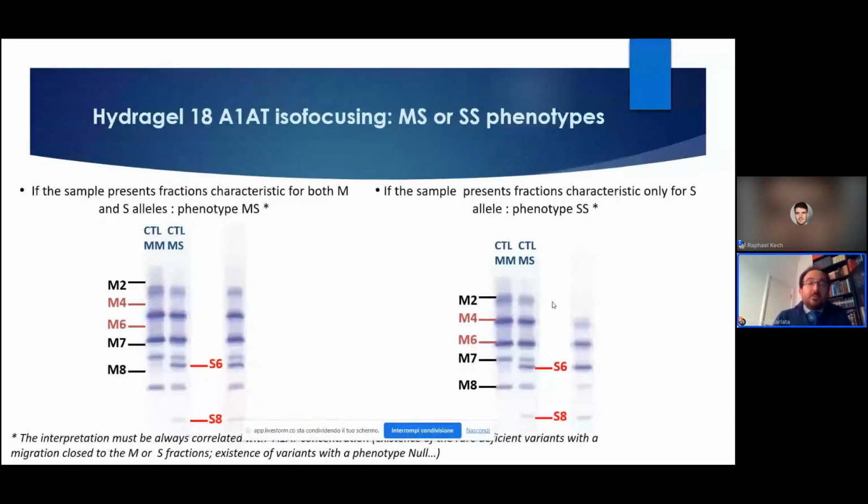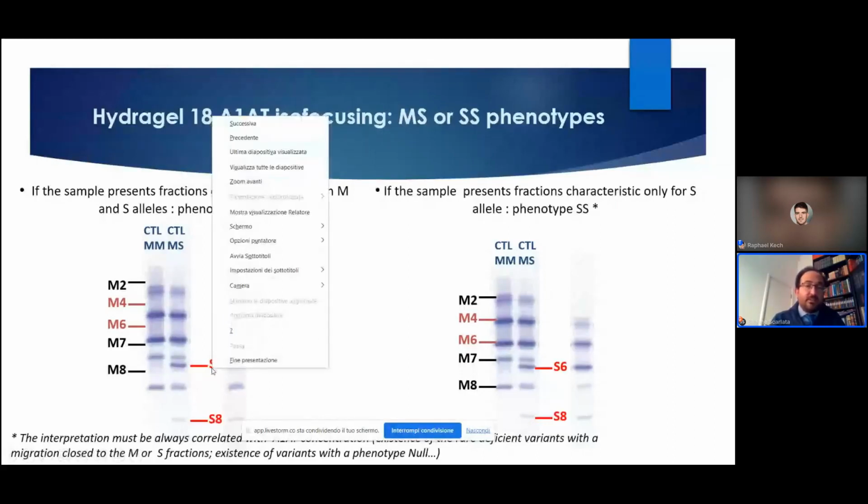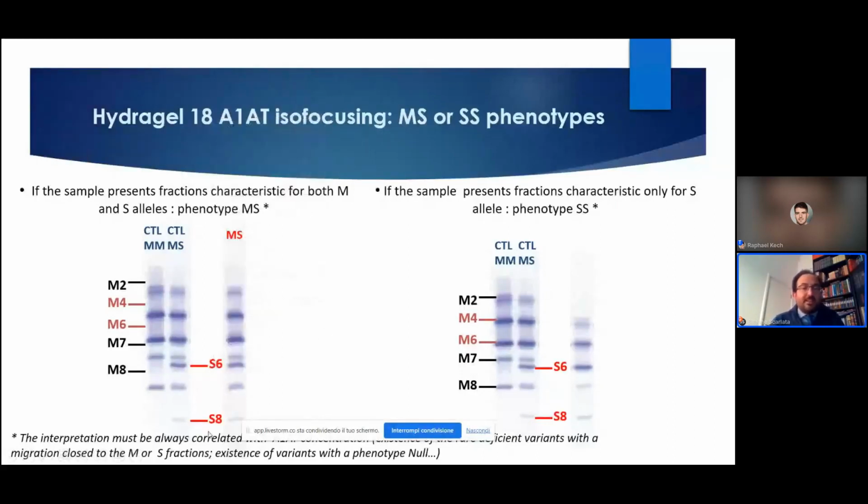Other examples: look at what happens with the phenotype SAM. In this case, what you are looking for is the occurrence of the S6 and S8 bands. In the heterozygosis, these appear together with the normal variants, meaning M7 and M8.